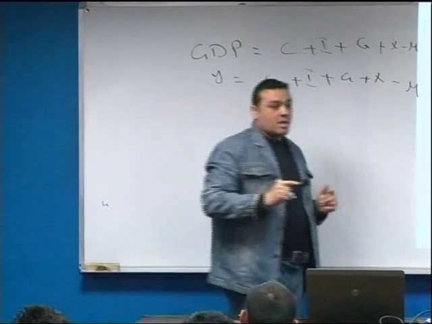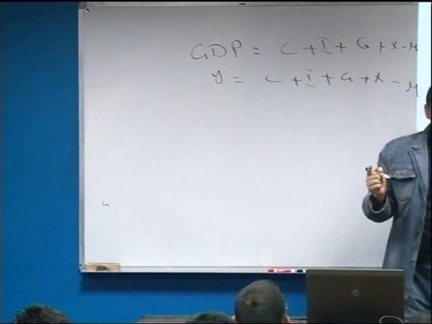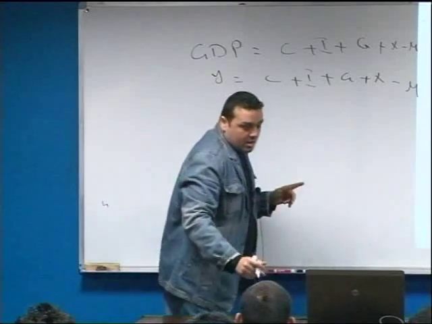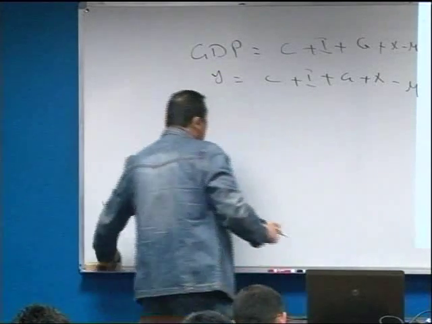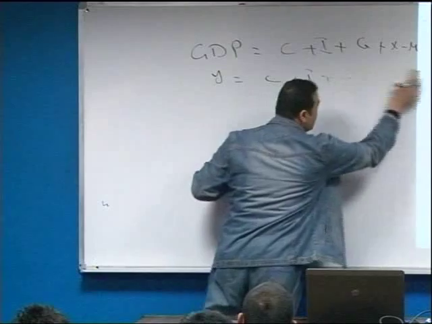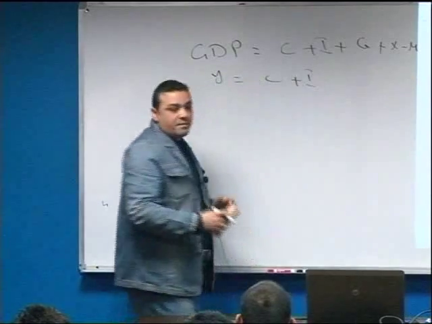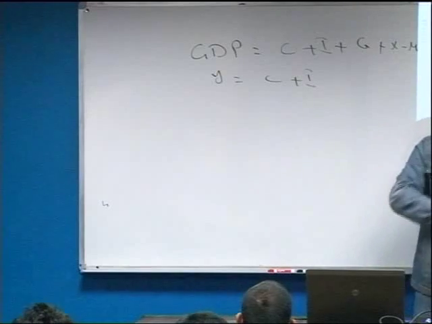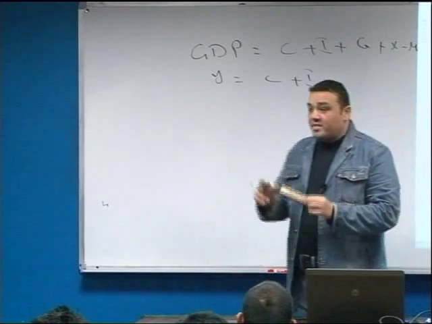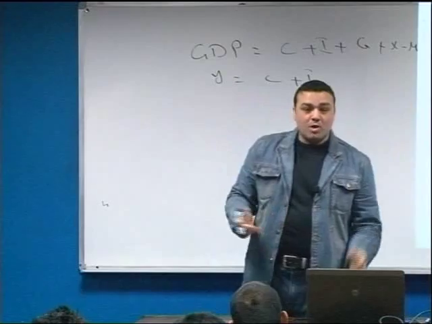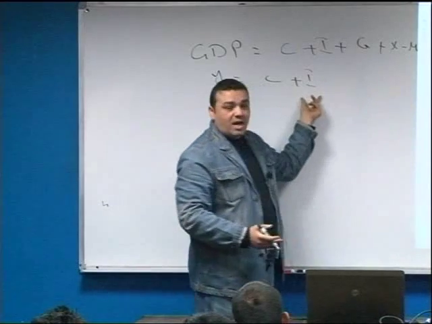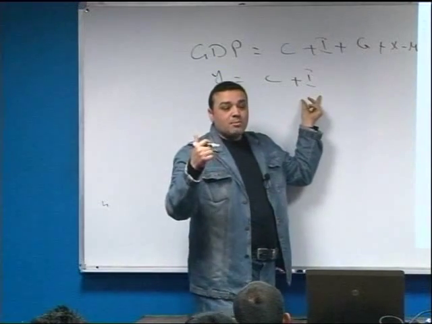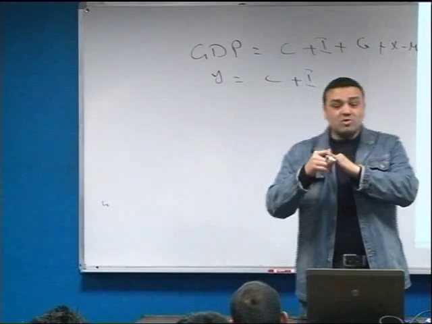Suppose that we work under the economy where there is no government and no relation with the international countries or the other countries. So in this case, the aggregate output would equal what? C plus I. So suppose that we work under the closed economy.